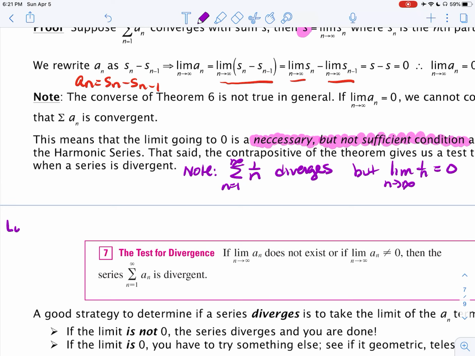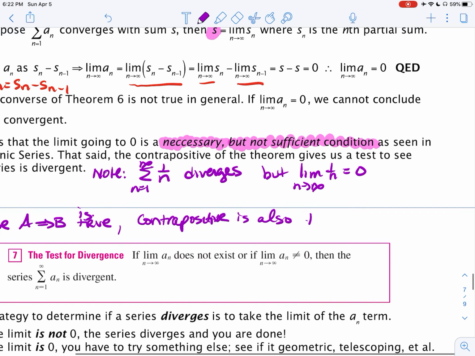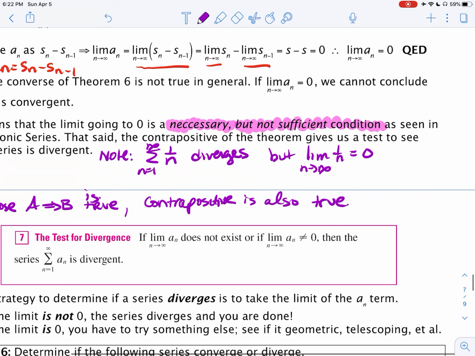So from logic, we know, suppose A implies B is true. Then the contrapositive is also true. And what is the contrapositive? Then if not B, then not A.